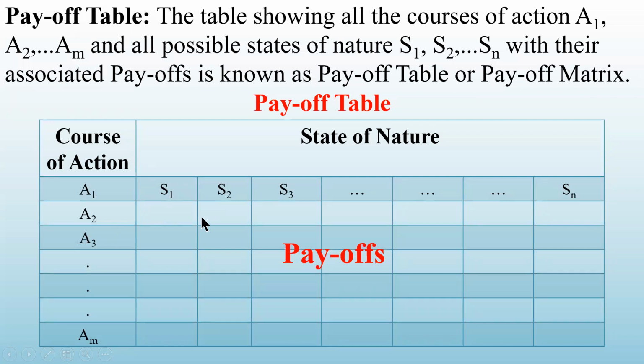These profits are called payoff. If you prepare a table with the various courses of action in the first column, the states of nature S1, S2, S3, Sn, and the associated profits written in these columns, then such a table is called a payoff table.